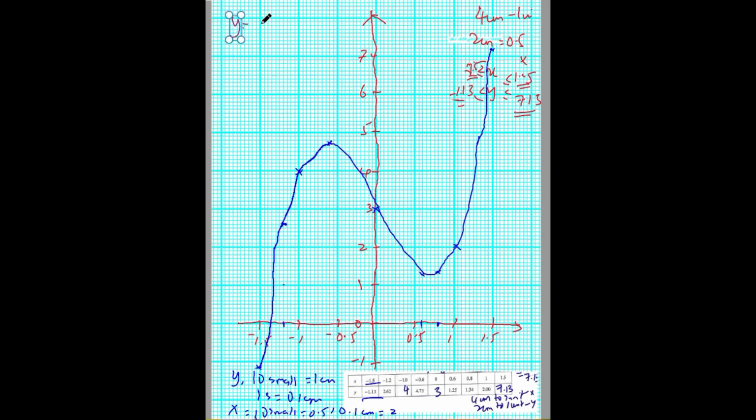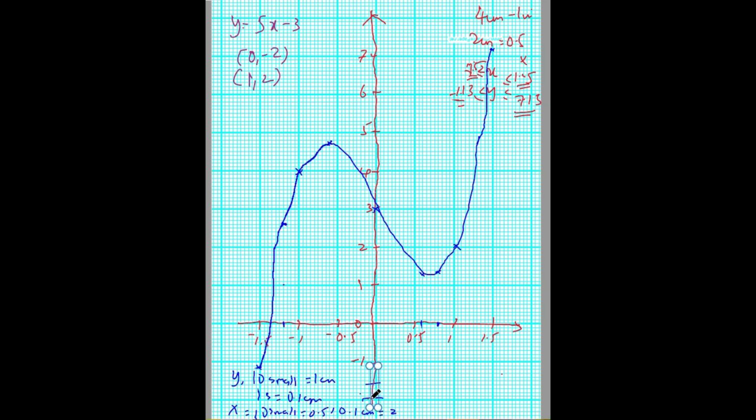So y is equal to 5x minus 3. So we have 2 points, which is 0, negative 3, and then we have 1 and 2. So 0, negative 3 is here. And then 1 and 2 is here. So we see we cross the line here.